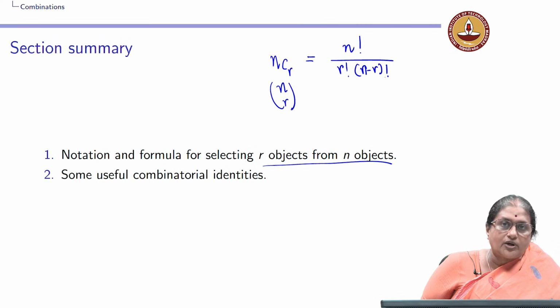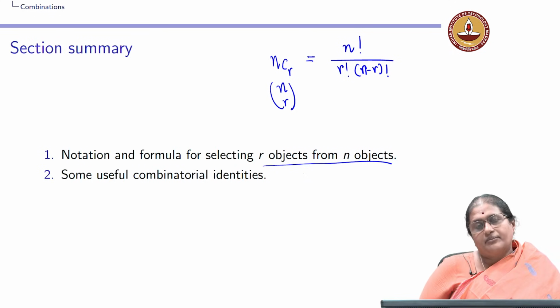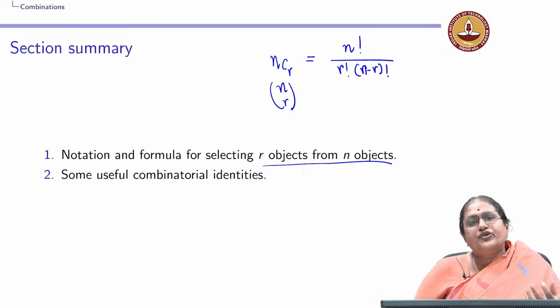This is the important combinatorial formula, and then we gave some useful combinatorial identities. We described them and qualified them, and we also gave a few applications of combinations. That is what we have done in this section.